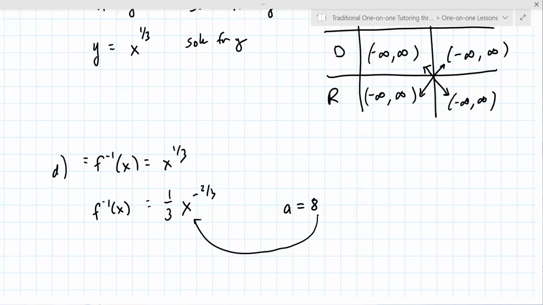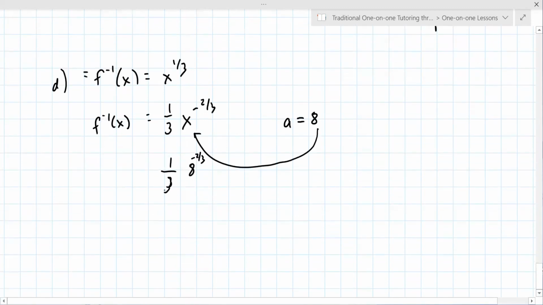The reason they're doing it here is to prove it with you, but on an exam you get a function that you can't take the inverse of. So you have to do it the calculus way. Okay. So this is 1/3 times 8 to the minus 2/3.